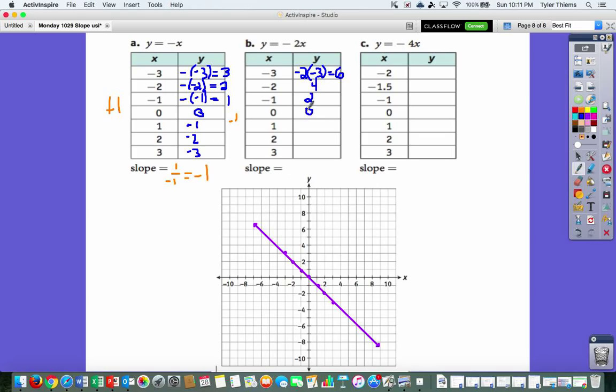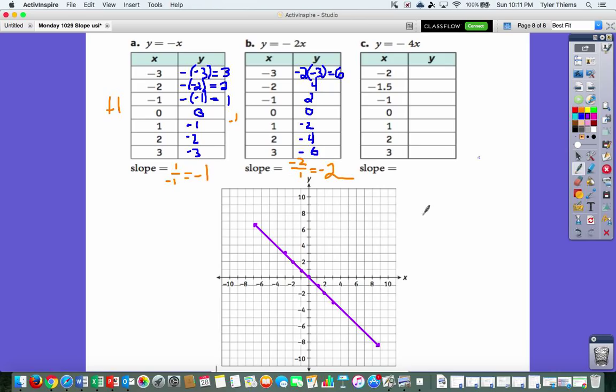Negative 2 times 0. You can see a pattern now. Negative 2 times 1 is negative 2. Negative 4. And negative 6. So the slope in this case, since x is still going up by 1, y is going down by 2. So it's negative 2 over 1, which gives you a slope of negative 2.